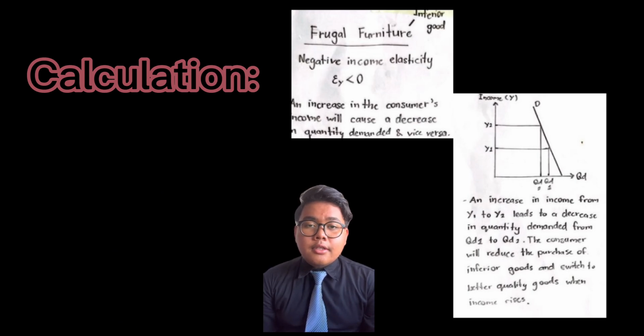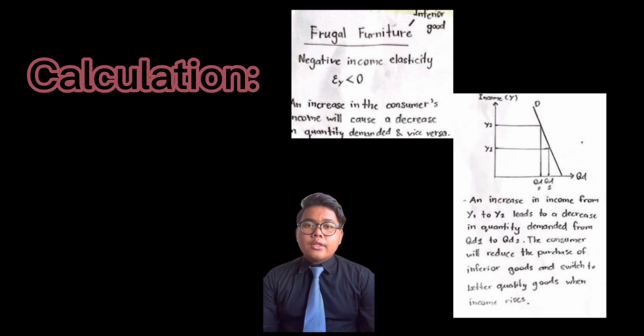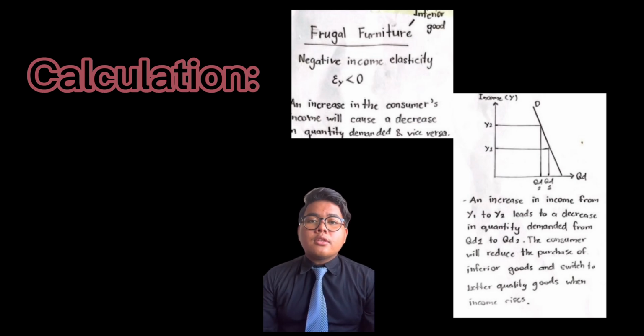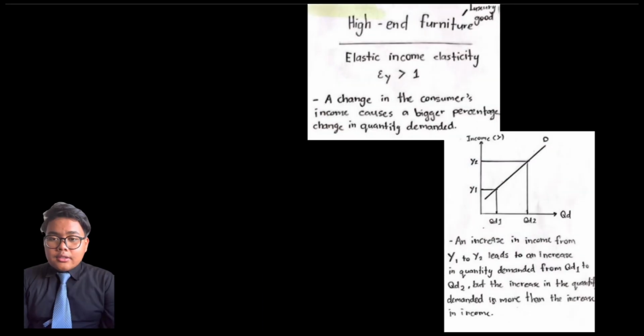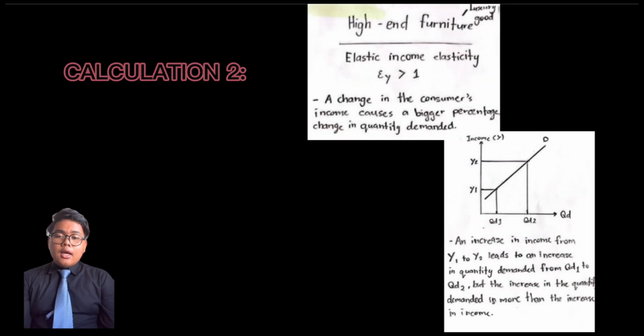Based on the graph, an increase in income from Y1 to Y2 leads to a decrease in quantity demanded from QD1 to QD2. The consumer will reduce the purchase of inferior goods and switch to better quality goods when income rises. The next one is high-end furniture. High-end furniture is a luxury good.